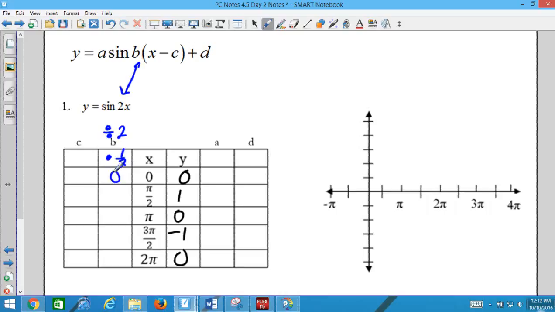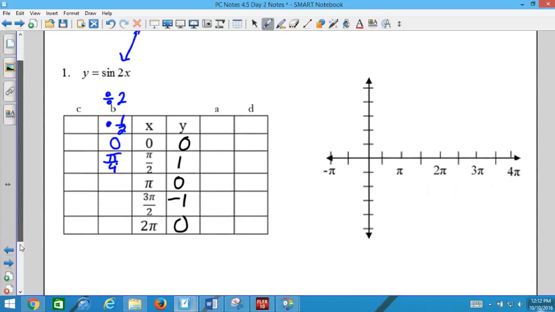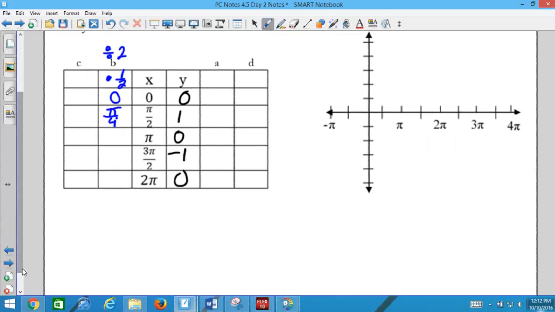So we get 0, pi over 4. Just a quick fraction review. If we take pi over 2 and we multiply that by half, we do top times top, bottom times bottom.